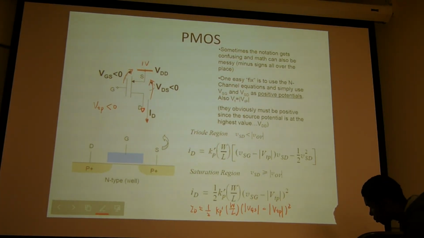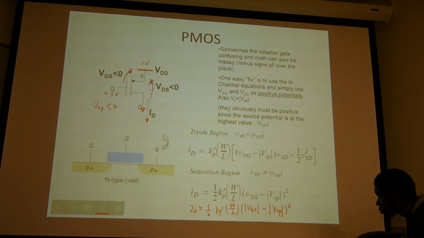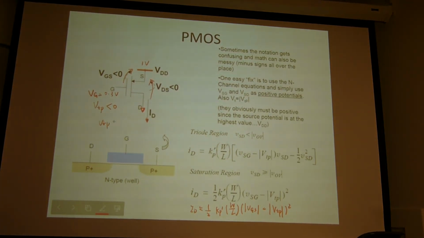And then this gate voltage, for example, 0.3 volts. And here is ground. And your VTP is negative 0.5 volts. So you want to take everything as absolute value.